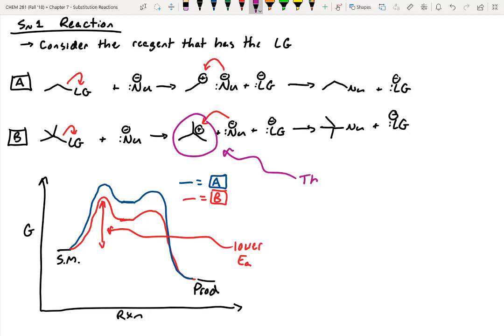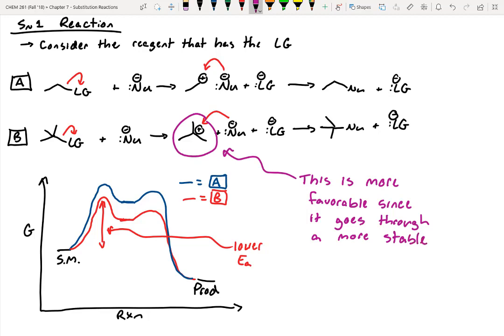Let's say this reaction is favorable since it goes through a more stable intermediate, specifically a more stable carbocation.